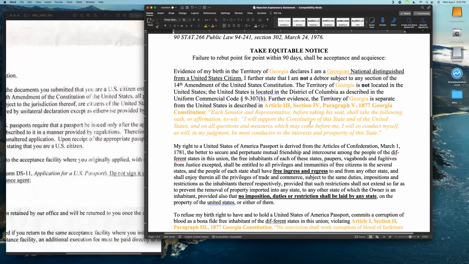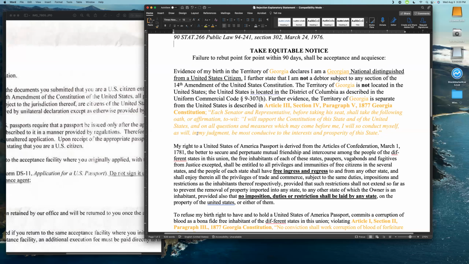They just described two different jurisdictions. There's the Constitution of Georgia, and there's the Constitution of the United States. Nowhere on my birth certificate or your birth certificate does it say United States. Nowhere. It only says the name of the country you were born in.